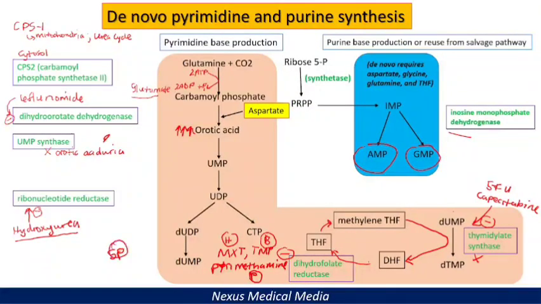Right. The next step that we need to try and inhibit is the enzyme called inosine monophosphate dehydrogenase. This is inhibited by the following drugs. The first one is called ribavirin, an antiviral.